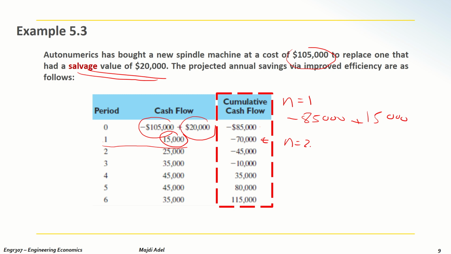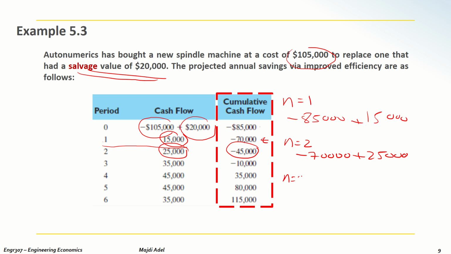At n equal 2, I have a debt, we can call it a debt, of minus $70,000. But at n equal 2, I received $25,000, plus $25,000. The answer is minus 45.